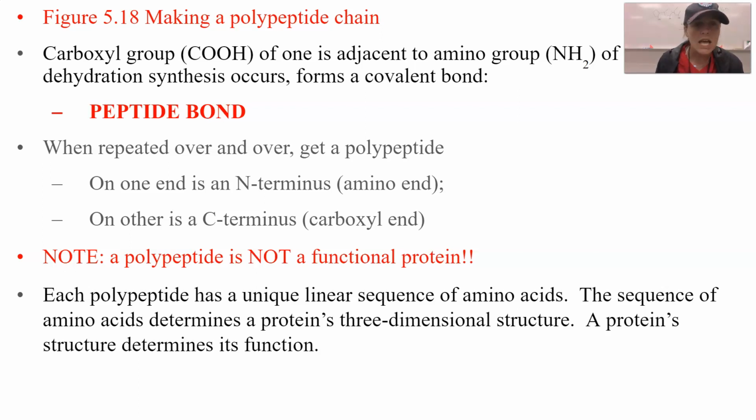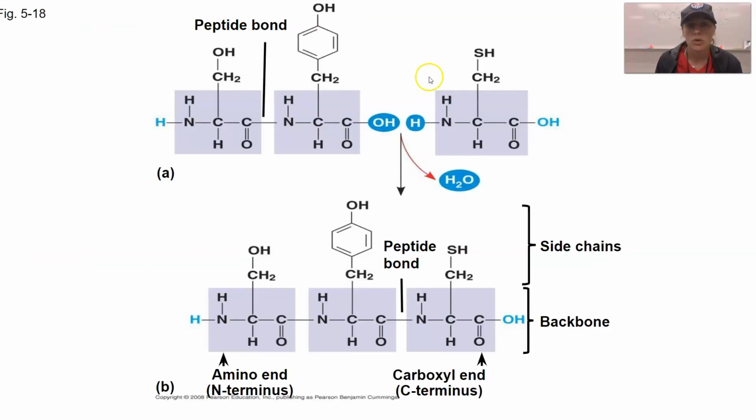So again, we see this theme a lot. When we are binding our macromolecules, we go through the process of dehydration synthesis. That's how we connect that amino to that carboxyl group: we remove a water, it binds those, and we create a polymer. So here's the process.